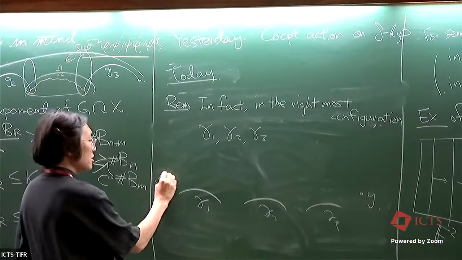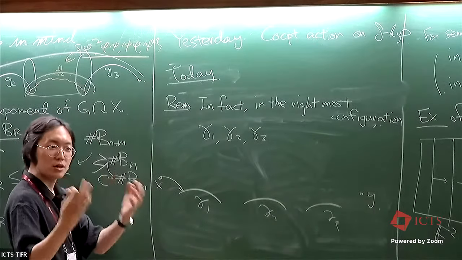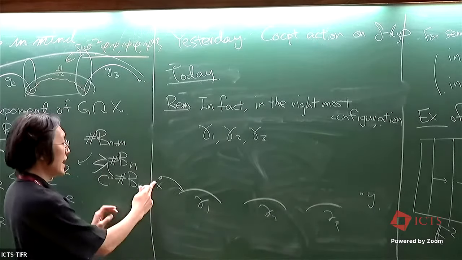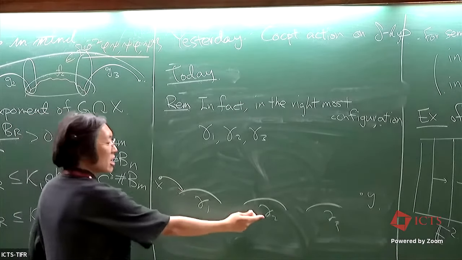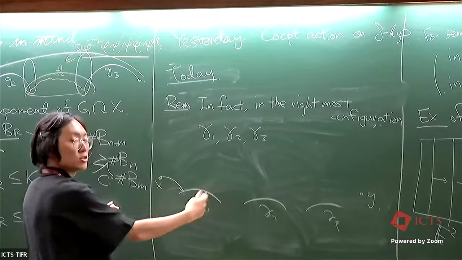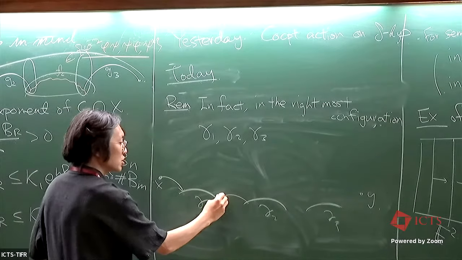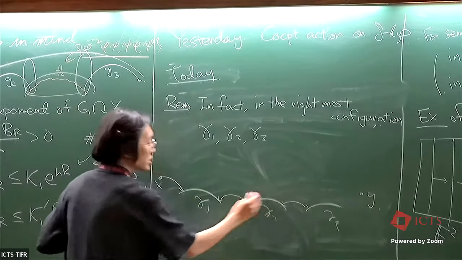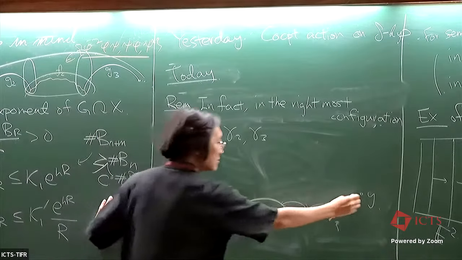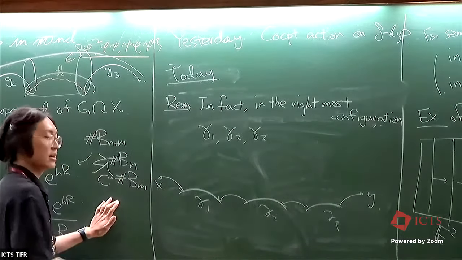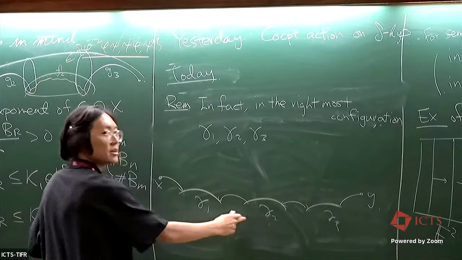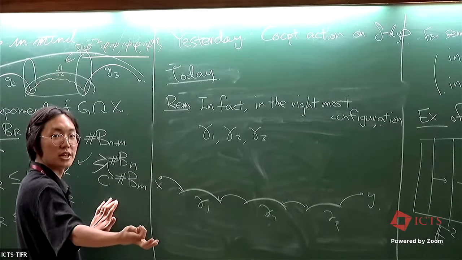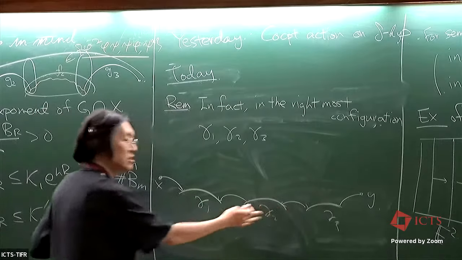The correct lemma you need is that X is projecting onto gamma 1 near the beginning, gamma 2 is projecting onto gamma 1 near the ending, and so on and so on. So you have this nice projection, but locally. Then X, for example, to gamma 2, is seen near the beginning, and Y is seen near the ending.